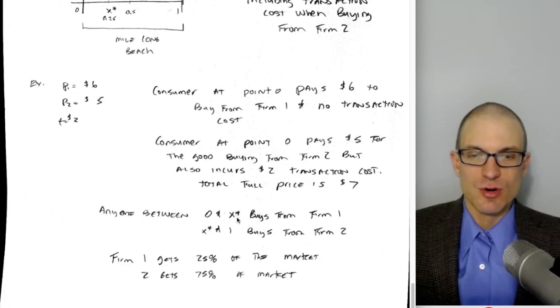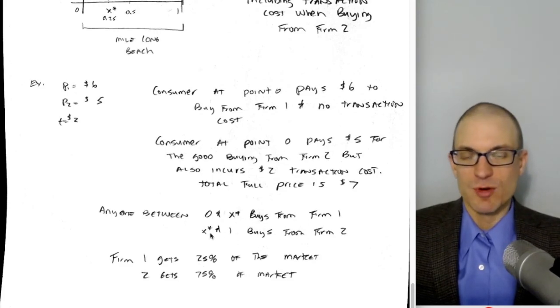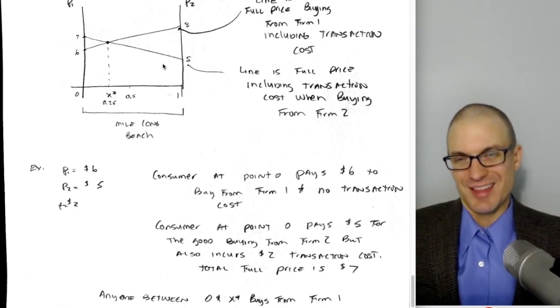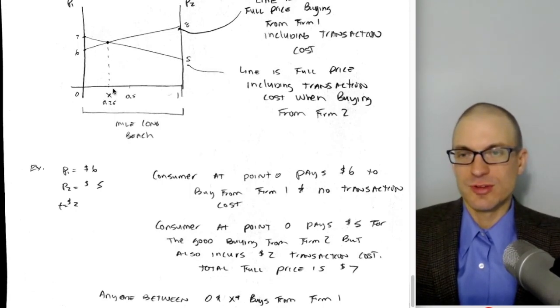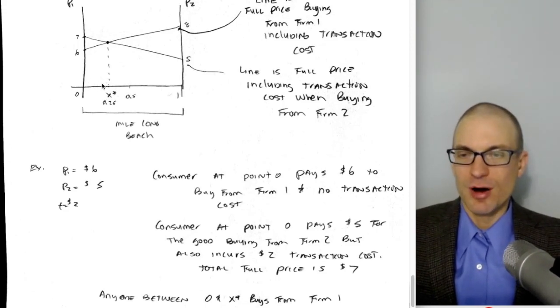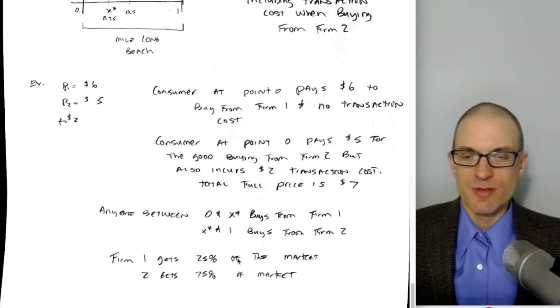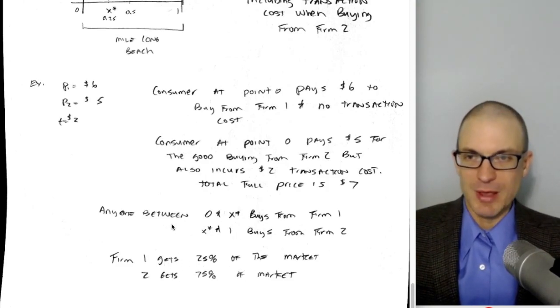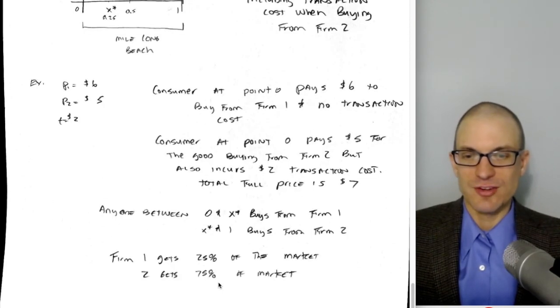Anyone between 0 and X is going to buy from firm 1. Anyone between X and 1 buys from firm 2. And as a result, we could get these equations. But anyway, this is more conceptually what's happening. 25% of the market's going to buy from firm 1, and 75% is going to buy from firm 2, based on these prices, based on these locations, and based on these transaction costs.